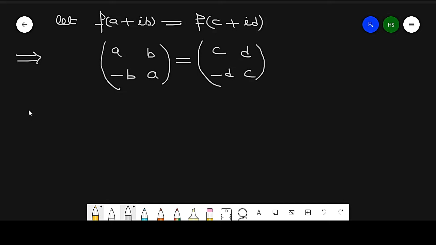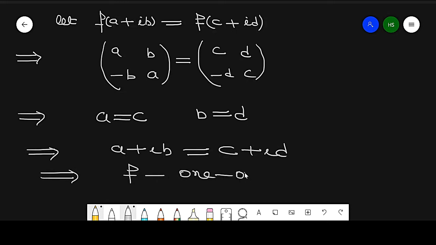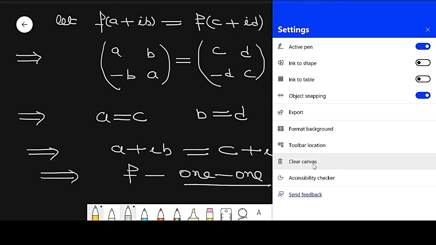Since both matrices are equal, it implies A equals C and B equals D. It implies A plus iota B equals C plus iota D. It implies F is 1-1. So this proves our 1-1 property.